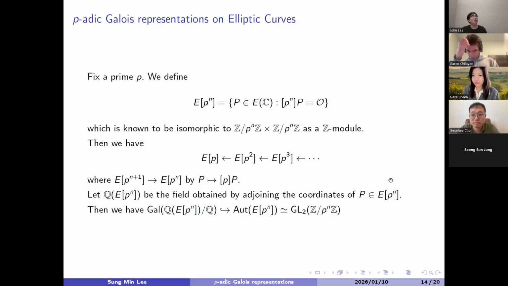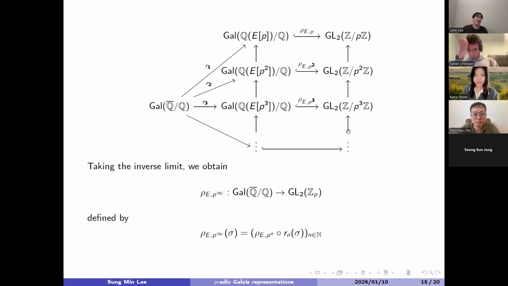Typical number theorists usually compute, they don't really try to understand some geometric intuition or motivation for all these limits and colimits. For me, my advisor said, oh, just take the inverse limit. Okay, but I never really questioned that.